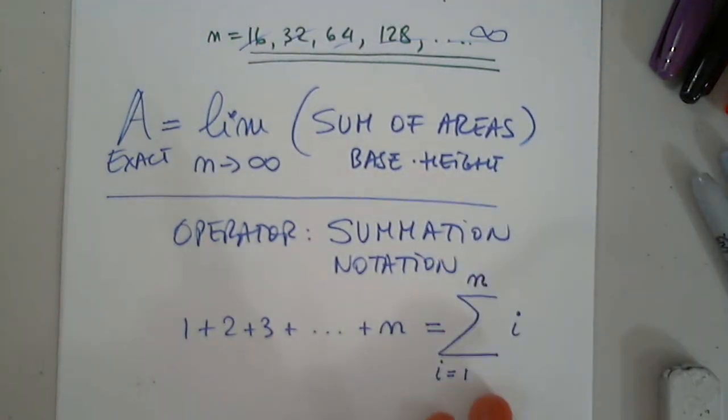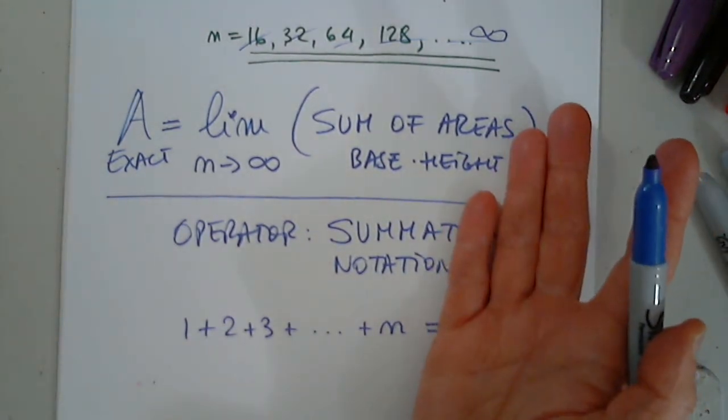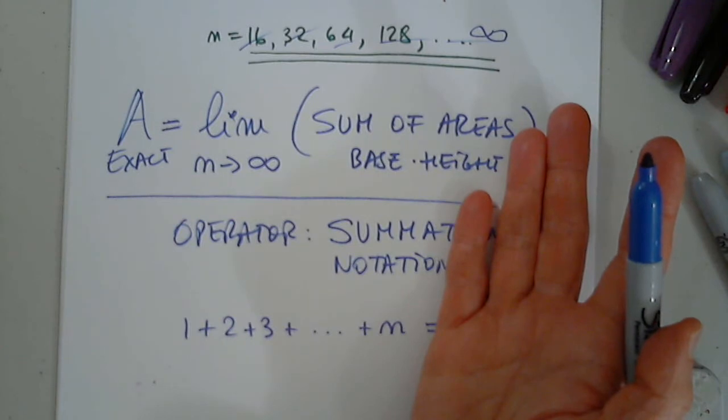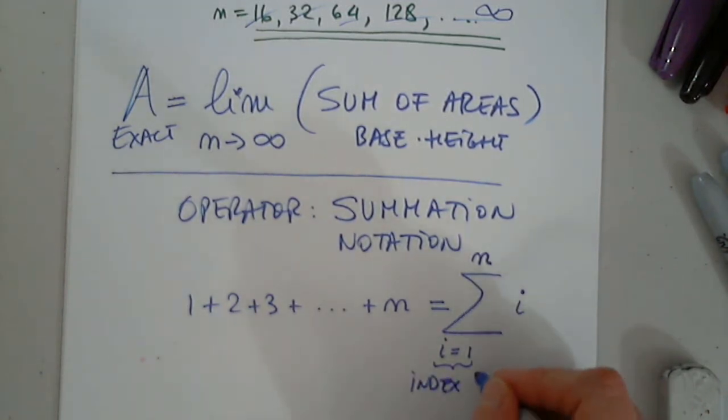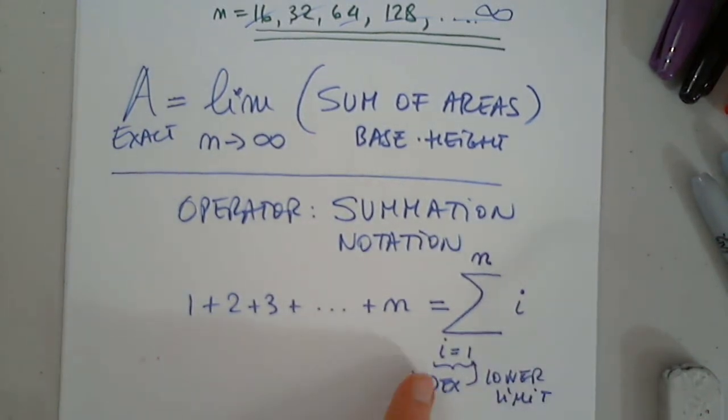So do I need this complicated notation? At least I need to understand what it means. So if I have the sum from I equals 1 through n, this is called index, and this is the lower limit. The index is I. We normally use I, J, K for index.